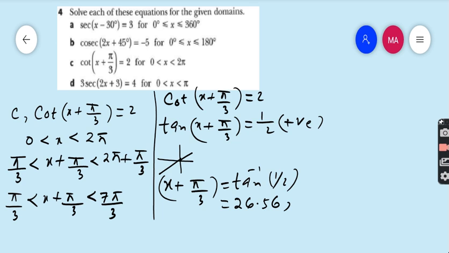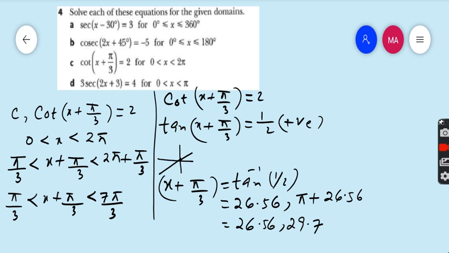And for the third quadrant, this value must be added to pi. So the value is pi plus 26.56, which is 29.7.